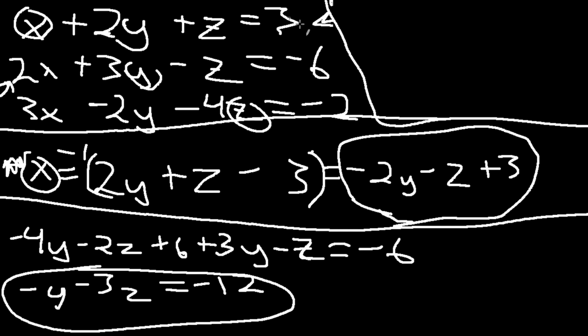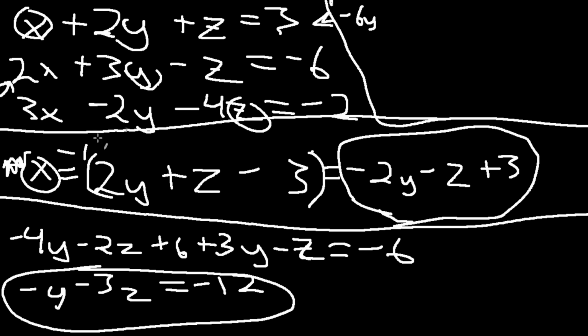So we got 3x. The x is going to turn into this whole setup that we already solved. So it's going to be -6y minus, which turns into a positive here, because 3 times, now it's going to be negative still.